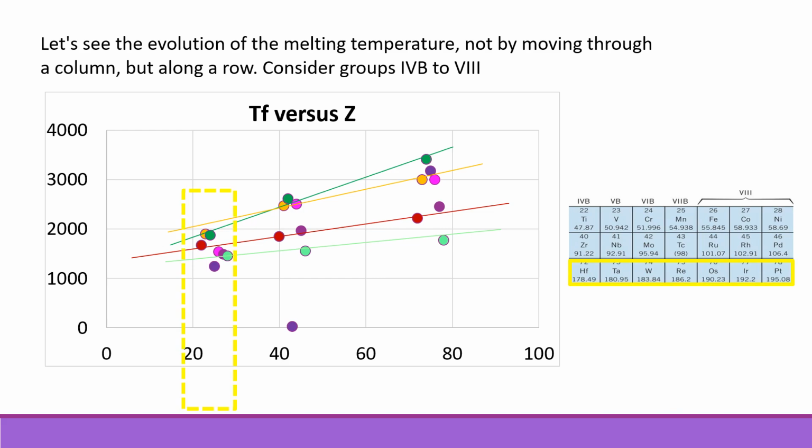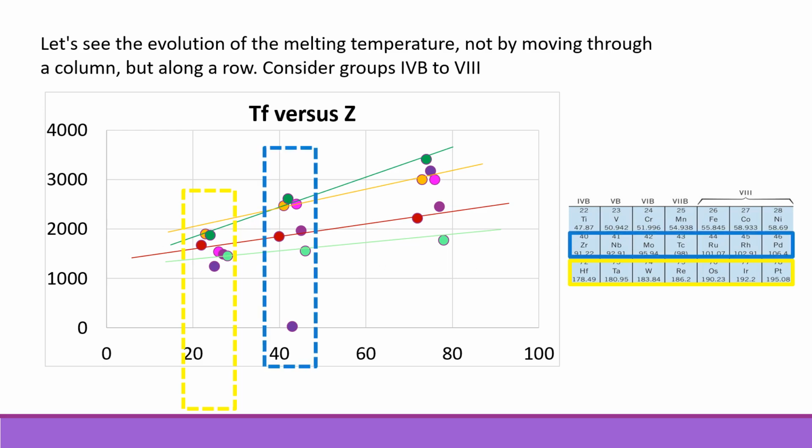For this row here, the melting temperature first increases and then decreases. Here they are more separated and it's much easier to see. So in this group, first the temperature increases and then decreases.